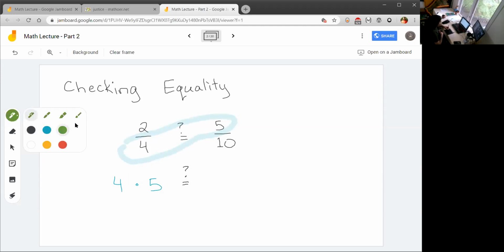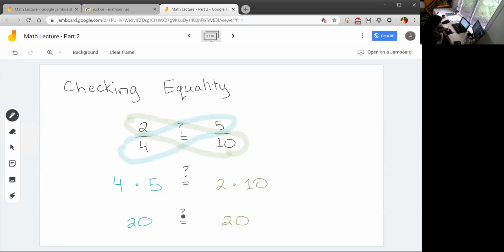And then I take my other diagonal and multiply it. And if these numbers are equal, then my original proportion is also equal.